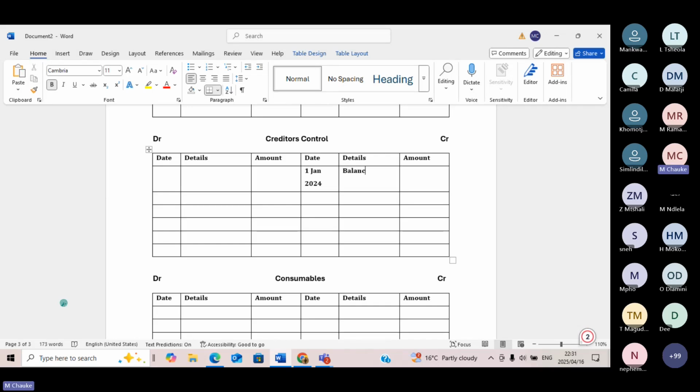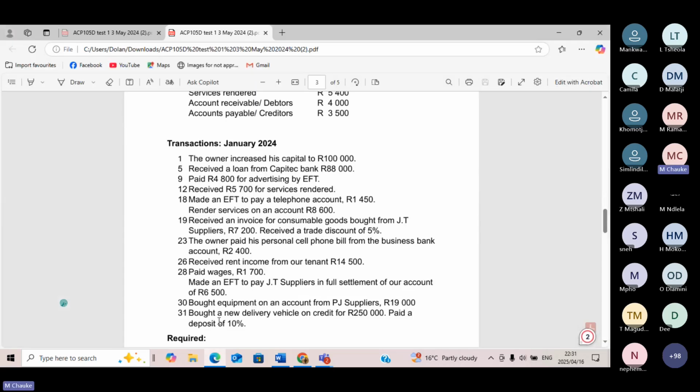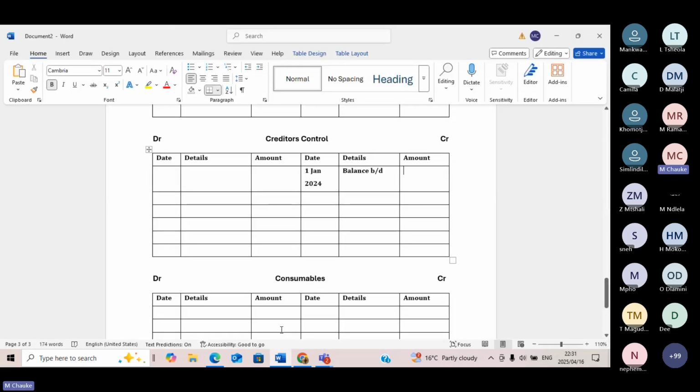And then the amount. Let's check the amount for opening first before we do the calculation.